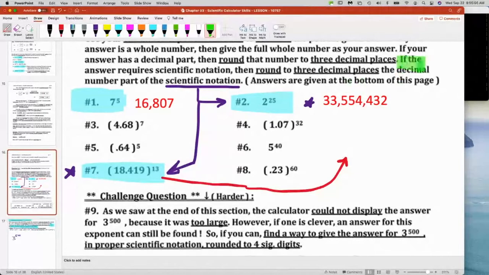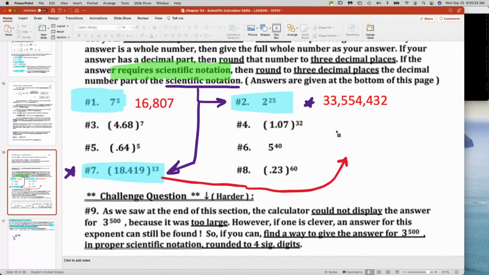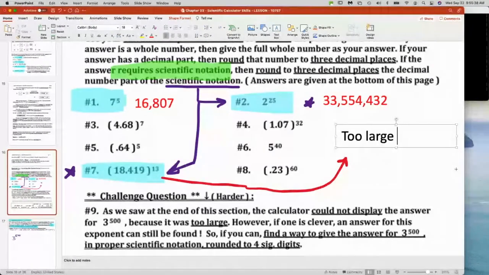It says, if the number requires scientific notation, oh my goodness. It says it right here that you might require scientific notation. So Nicholas, thank you. This question is gigantic. This one is too large to fit on your calculator screen. So it's too large to fit on screen of calculator.